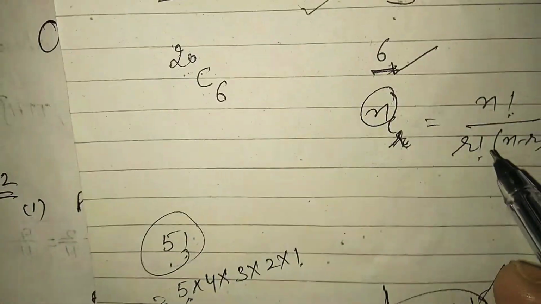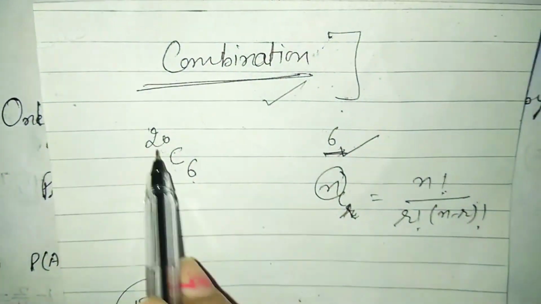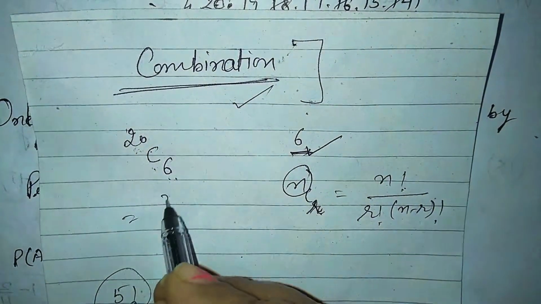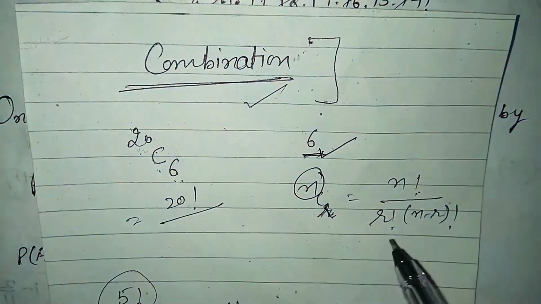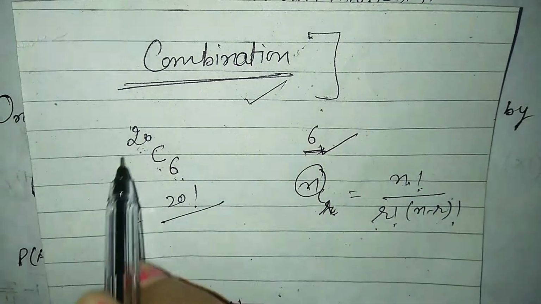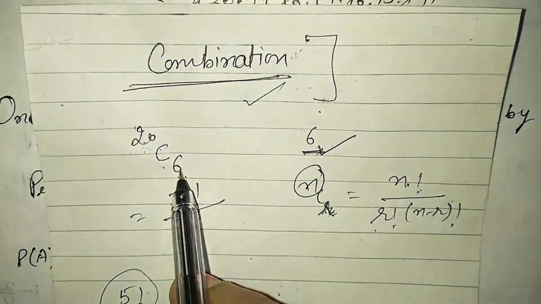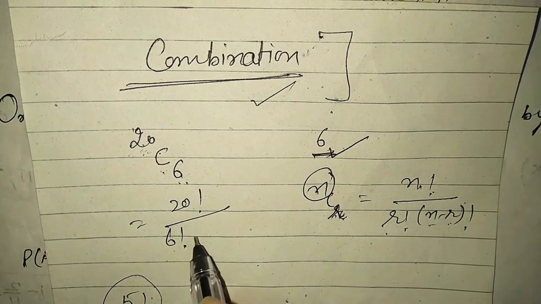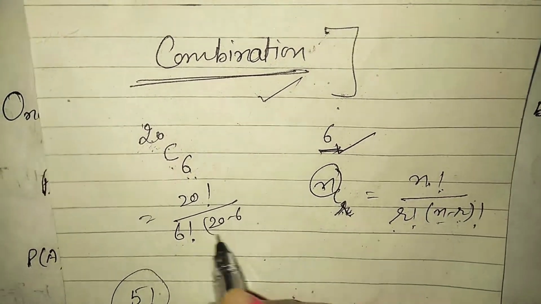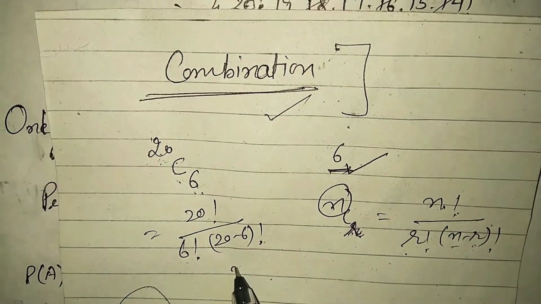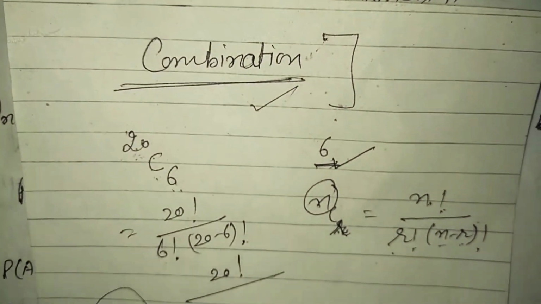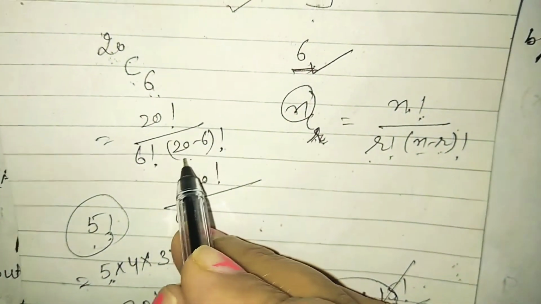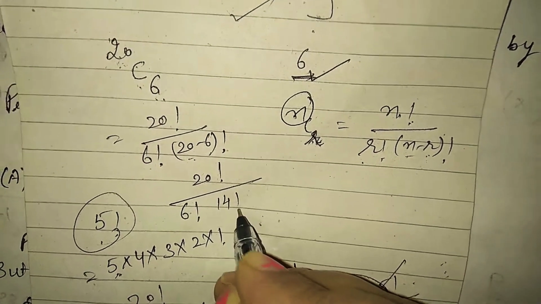Same in this question, 20C6 means 20 factorial upon r factorial, where n is 20 and r is 6, so we take 6 factorial, and n minus r means 20 minus 6. So it is 20 factorial upon 6 factorial and 14 factorial.